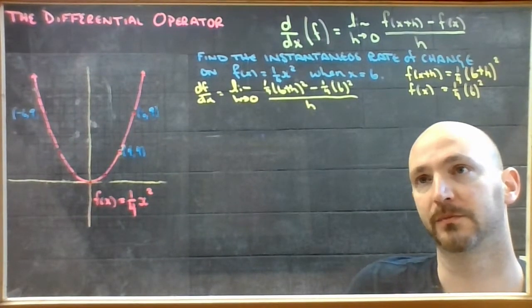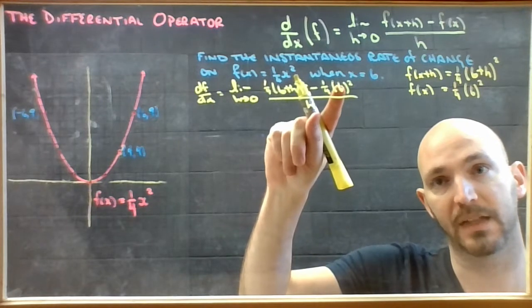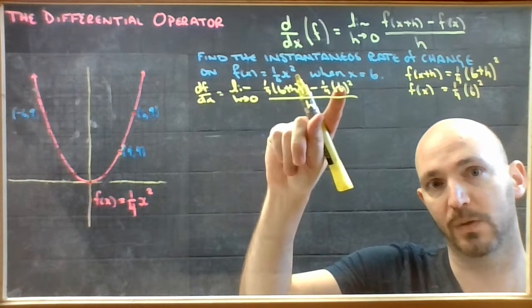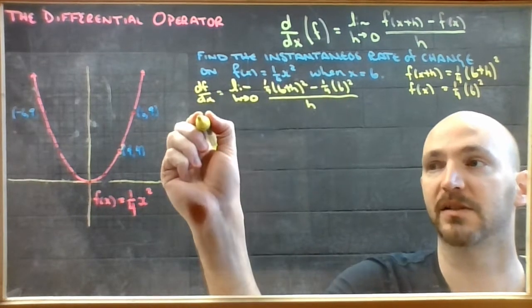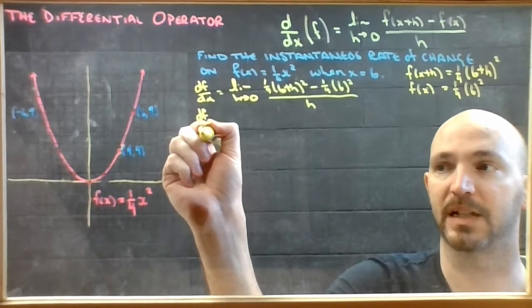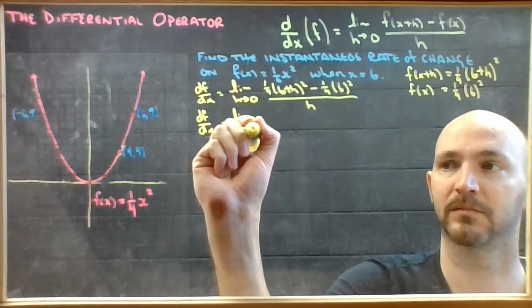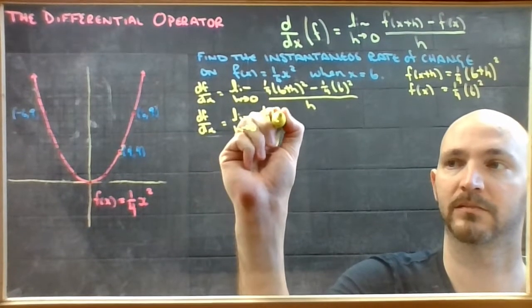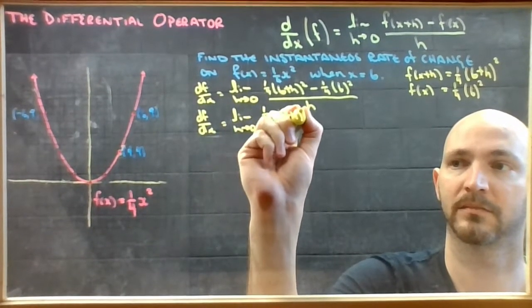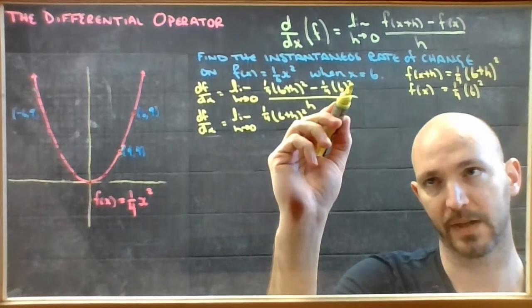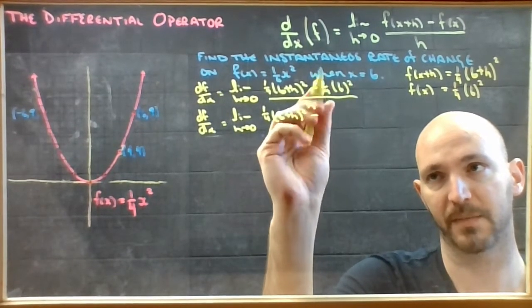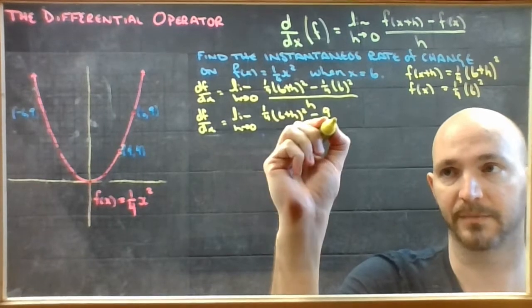All right. So 6 squared is 36, and 1/4 of 36 is 9. So I'm just going to reduce that. So 6 squared is 36. 36 divided by 4 is 9.